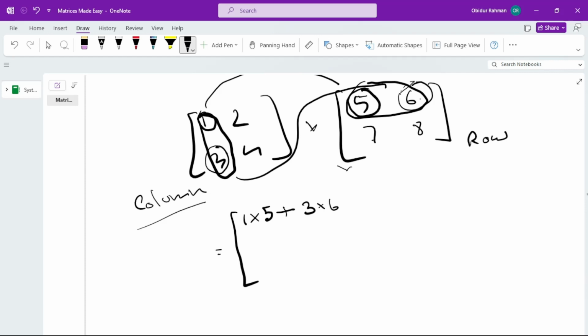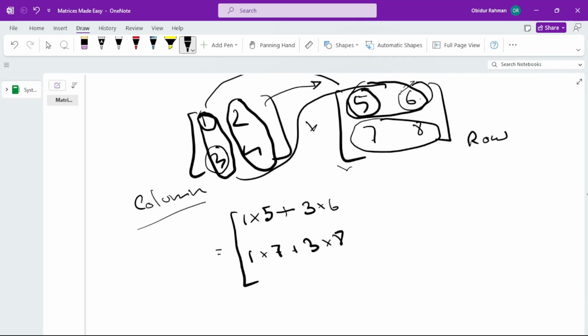Now we do the same thing to the second row. 1 times 7 plus 3 times 8. Now the next one. We take the second column and we multiply it with the first row. 2 times 5 plus 4 times 6 and 2 times 7 plus 4 times 8.